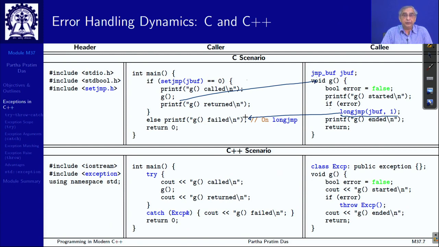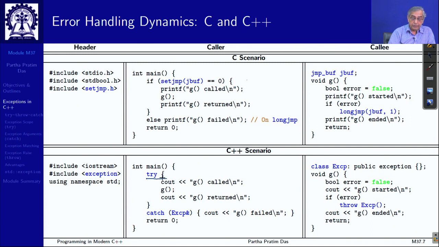Naturally, this means that if we have different kinds of errors, different functions, or within the same function different long jumps to be done to different contexts, then we need to set different buffers. Now, in C++, this has all been made very simple.